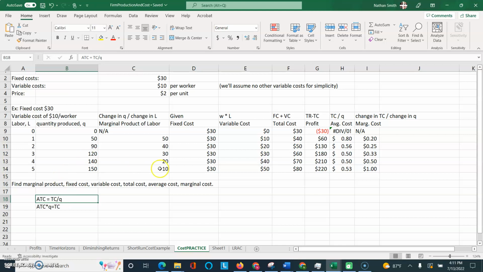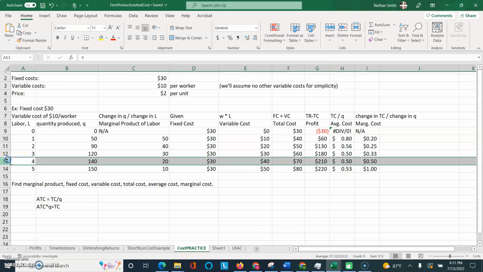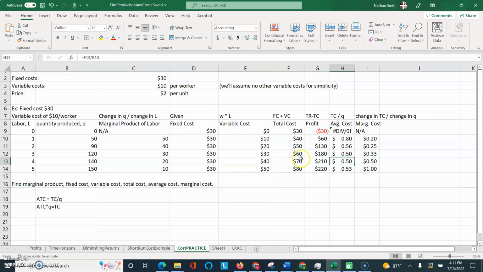So, for example, let's take a look at row 4. My average total is 50 cents multiplied by 140 units would give me back 70 as a total cost. Okay, so don't be afraid to use a little bit of algebra to rearrange these equations to help you get the answer that you need.